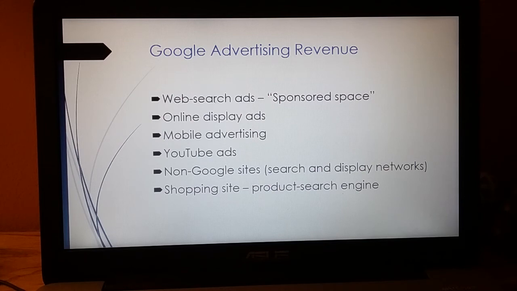And then non-Google sites, Yahoo, or a shopping site. Google's most used function is a search engine, so the way they make their money is through sponsored ads, and that's really the new way of marketing and how you can capture people.